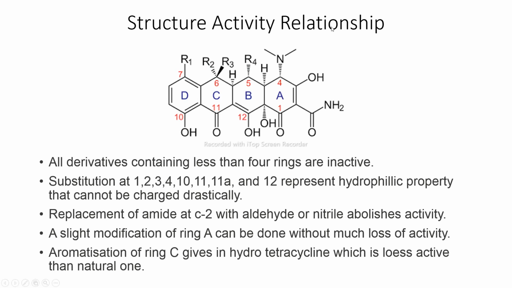Check out this basic structure properly, because later on when we start these drugs, at that time you have to recall the basic structure of the tetracycline, and which substitution we can add at R1, R2, R3, R4. So just remember this basic structure.